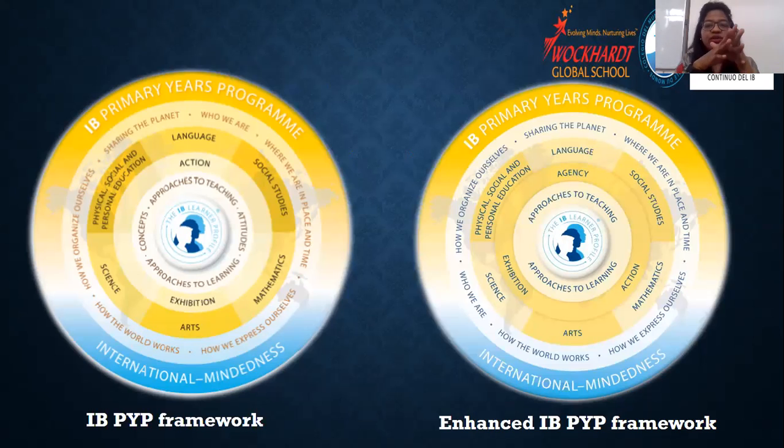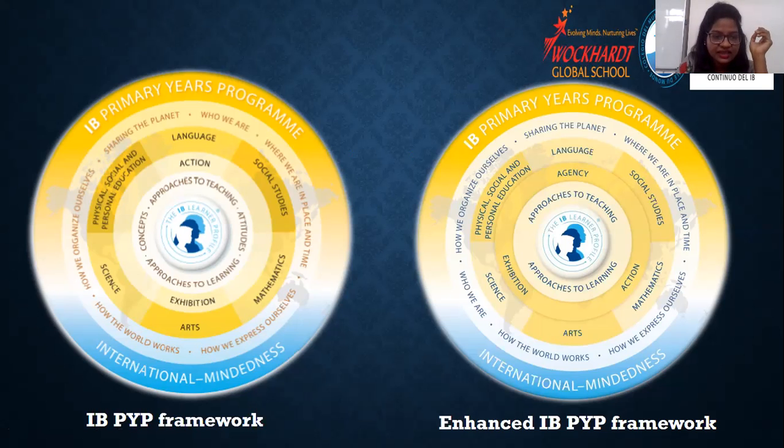Now let's talk about the difference between the two. In IB education, which is inquiry-based and student-centered, the first circle talks about the IB learner profile, the 10 learner profile attributes. The second circle talks about approaches to learning, attitude, approaches to teaching, and the concepts, which we used to call KCSCA before: knowledge, concepts, skills, and action, of course.